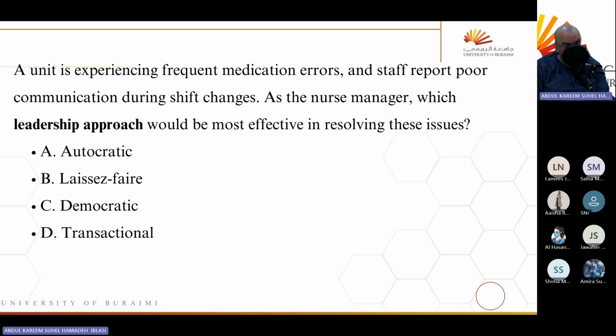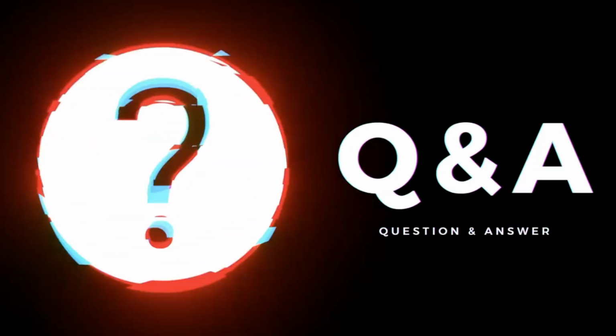Staff report poor communication, conflicts ومشاكل. Leadership style will be the most appropriate: autocratic, laissez-faire, democratic أو transactional. مش عارف ليش الساعة ما اشتغلت على هذا السؤال، لكن تقدر تحط الجواب على الشات. صار واضح عندي هون أن الديمقراطيك is the most suitable leadership style كـ approach في هذا الموضوع.